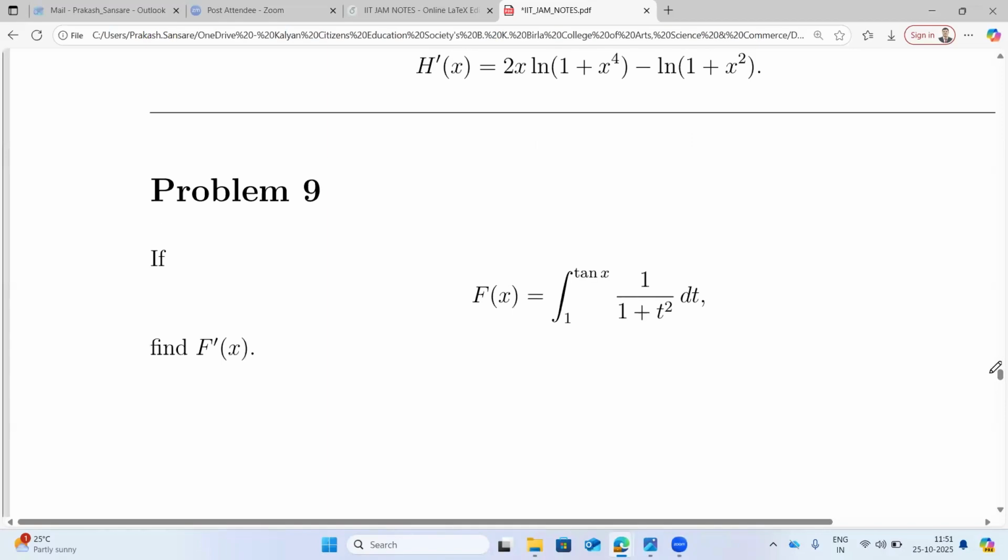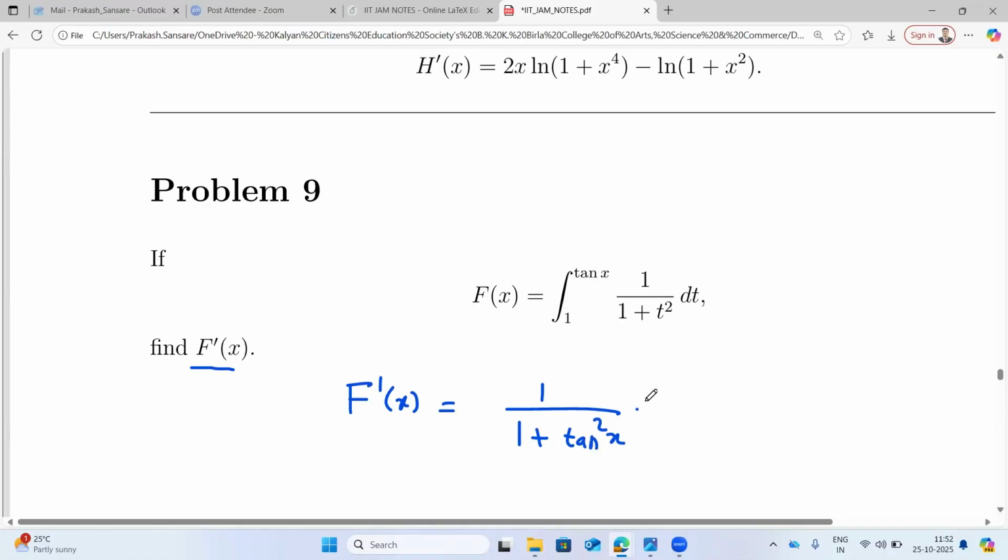Now can you solve the question number 9? So it will be 1, sir. It will be 1. Very good. So f dash x will be 1 upon 1 plus tan square x into derivative of tan x.